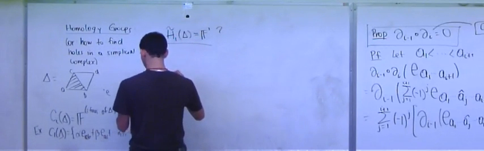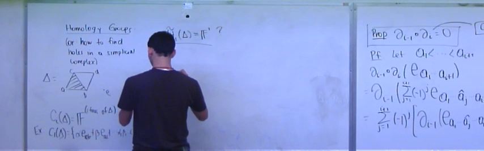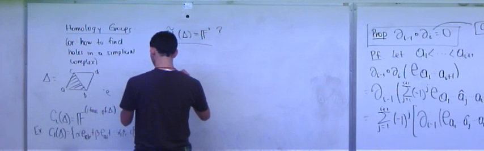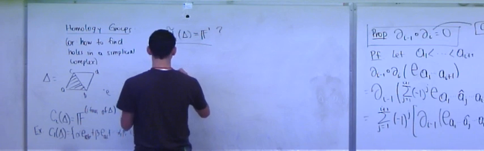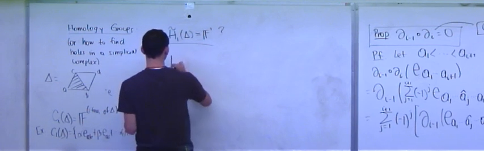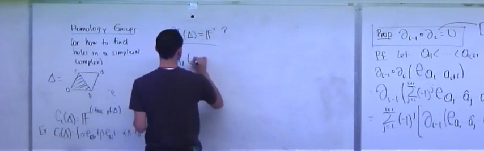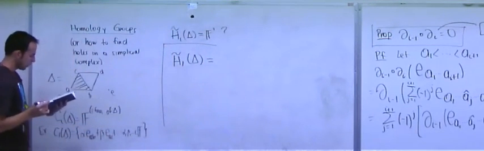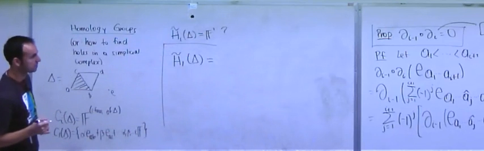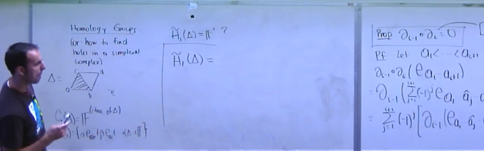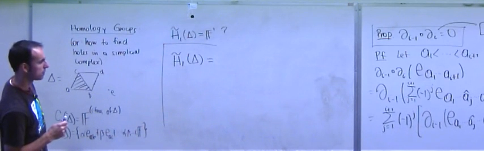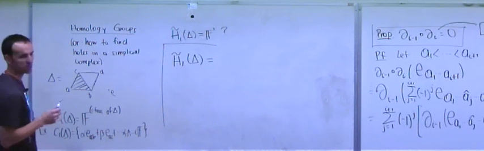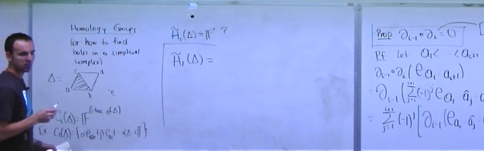But before we do that, let's just compute everything, basically. So for example, let's start by computing this guy. So this is supposed to be cycles over boundaries, right? So what are the cycles and what are the boundaries?